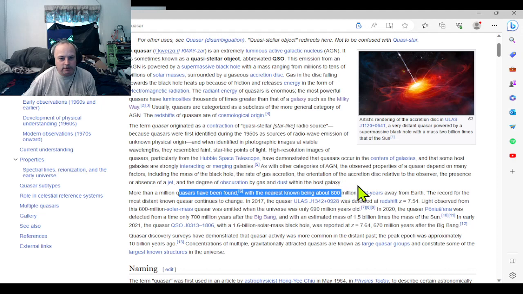There's one that's a 600 million solar mass record detected. So yeah, 600 million solar masses, emitted when the universe was only 690 million years old. In 2020, one was detected 700 million years after the Big Bang, with an estimated 1.5 billion times the mass of the sun.